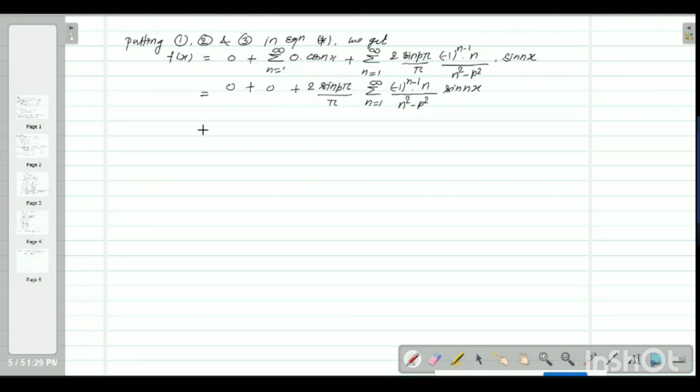One more step, so this is equal to 2 sine p pi by pi, the summation from n equal to 1 to infinity of minus 1 raised to n minus 1 into n divided by n square minus p square into sine nx. Which is the required Fourier series of the given function.